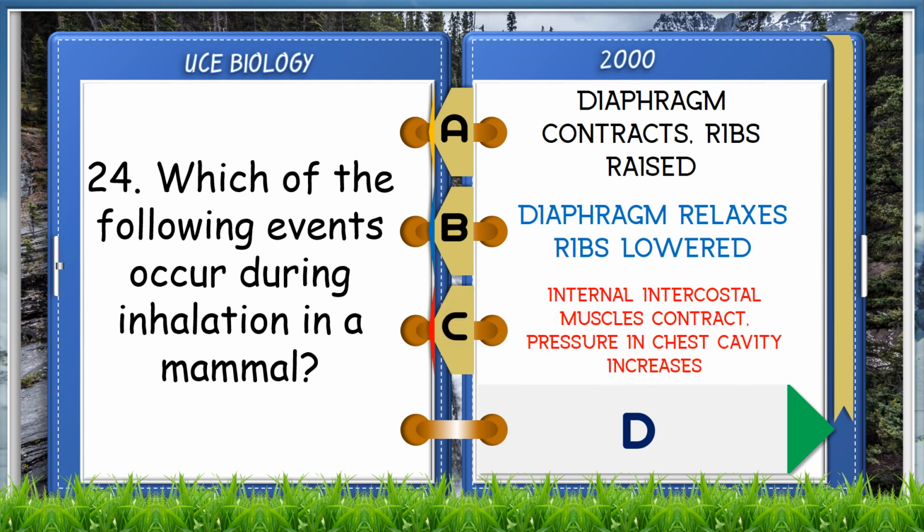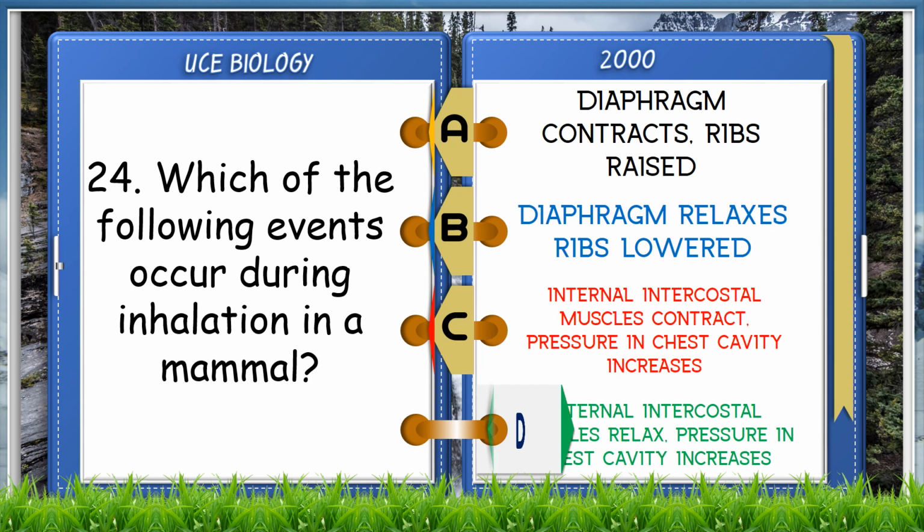C. Internal intercostal muscles contract, pressure in chest cavity increases. D. Internal intercostal muscles relax, pressure in chest cavity increases. The answer is A. Diaphragm contracts, ribs raised.